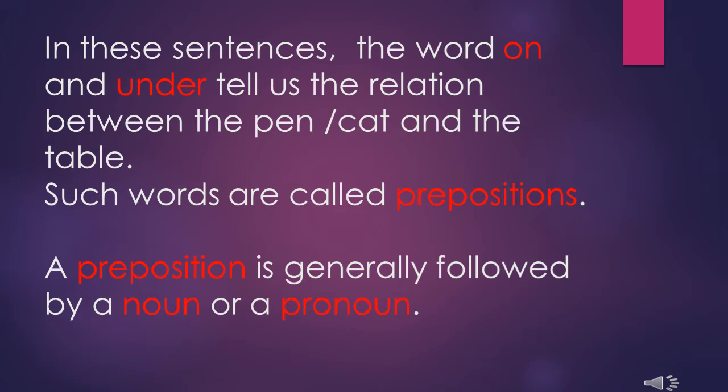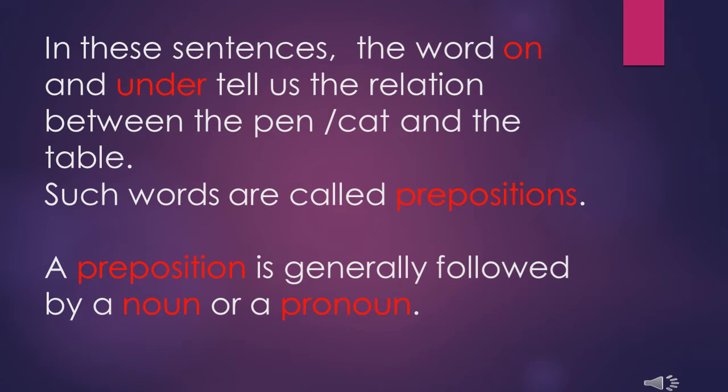That means in these sentences the words on and under tell us the relation between the pen or cat and the table. That means it is telling the relation between the pen and the table and the relation between the cat and the table.